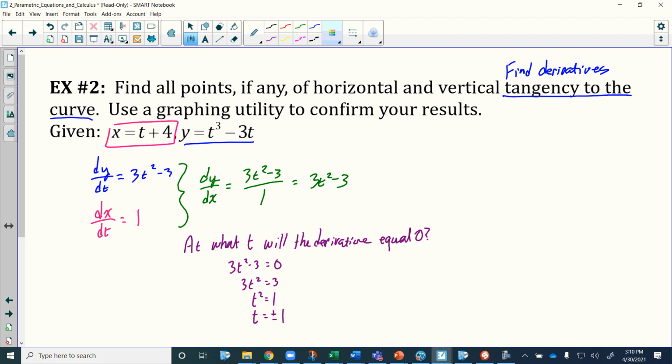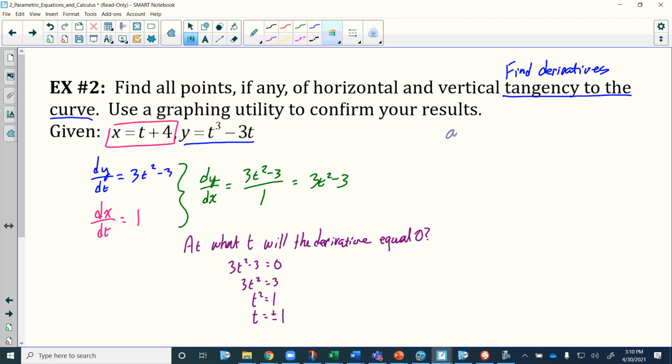So we know we have a positive or negative 1 now, so let's take a look at the two parametric equations. When t is equal to 1 and when it's negative 1, we need to know what coordinates we would have.